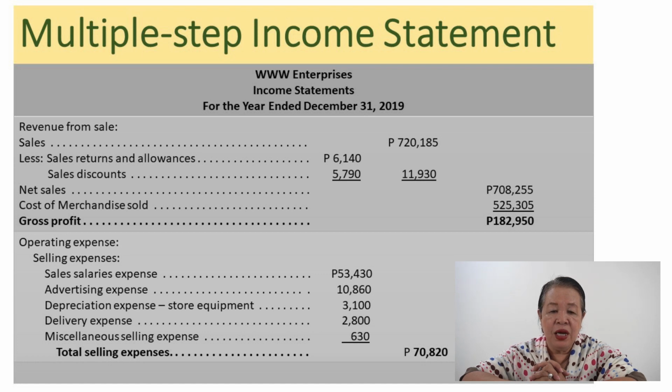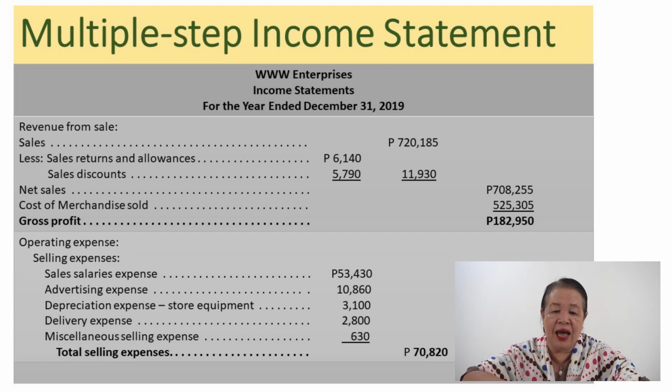Example lang po to. And then, meron tayong sales return and allowances, 6,140. And we have sales discount na 5,790. So, all in all, ang bawas natin po sa sales natin is 11,390. So, yung net sales natin is 708 na lang, 255. No? And then, since doon kanina sa mga ginawa natin, nire-recognize natin yung bawas sa merchandise inventory kasi siya yung cost of goods or merchandise sold.